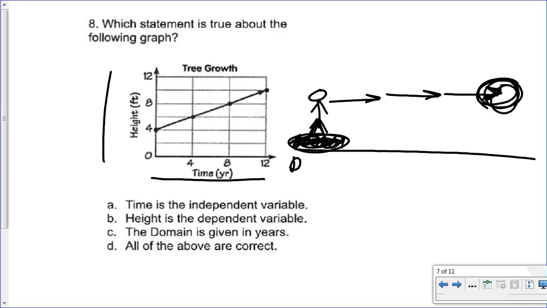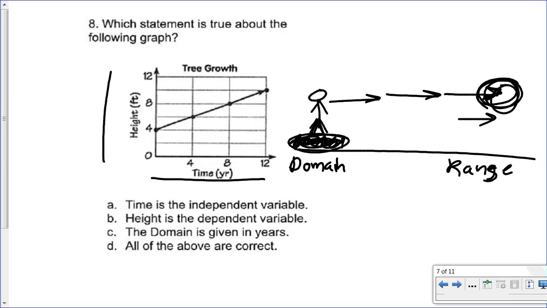So this is sort of your domain, and you can shoot these little arrows down range. And at the end, this is sort of your result down here. Okay? So the domain is given in years, domain associated with the input, which is associated with the independent variable. We've established that time is the independent variable, so indeed, that should be enough maybe to answer this question.